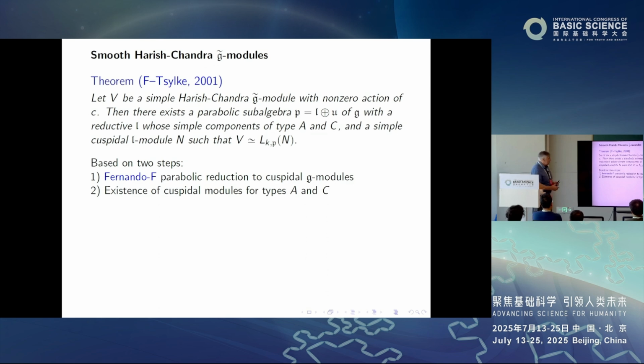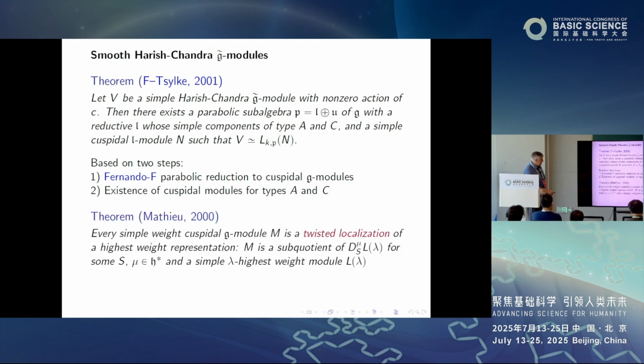That's how it works. This reduces the classification of all simple Harish-Chandra modules to the classification of cuspidal simple modules, which was done by Olivier Mathieu using a procedure called twisted localization.